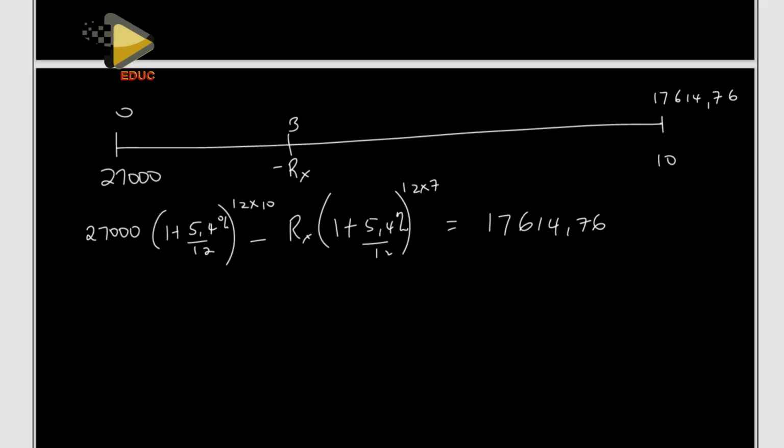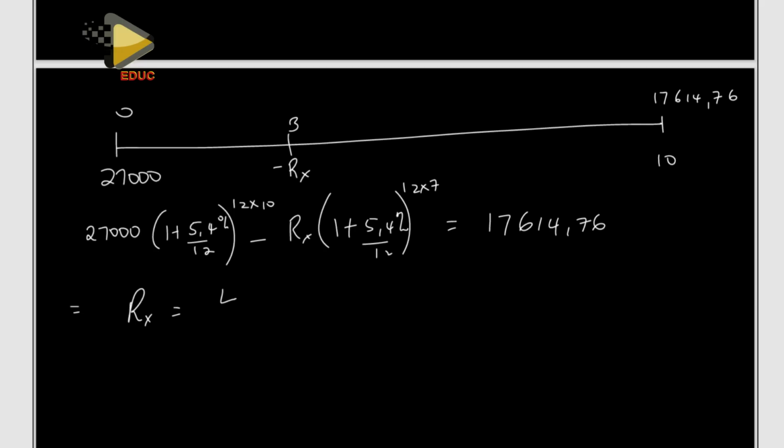Okay, so then if I look for Rx, it's going to be my 27,000. Let me just punch that. 27,000 into 1 plus 5.4% monthly to the exponent of 120.